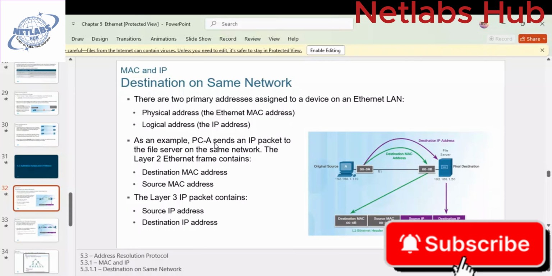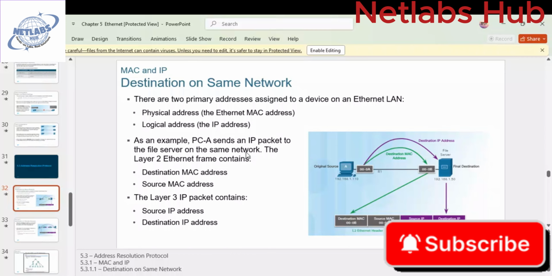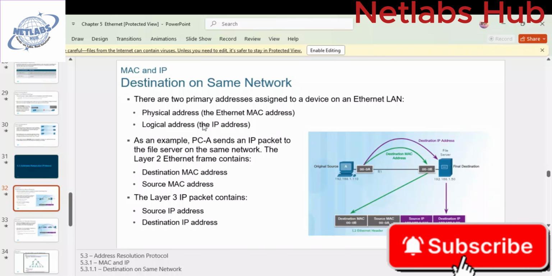As an example, PCA can send IP packets to the file server on the same network. The layer 2 Ethernet frame contains destination MAC address. So you can see that this PCA sends an IP packet to the file server here.